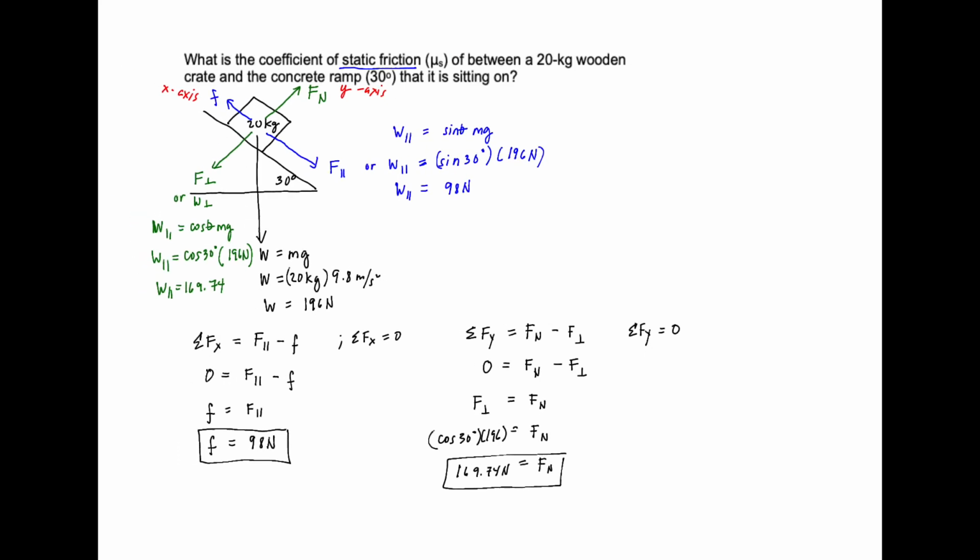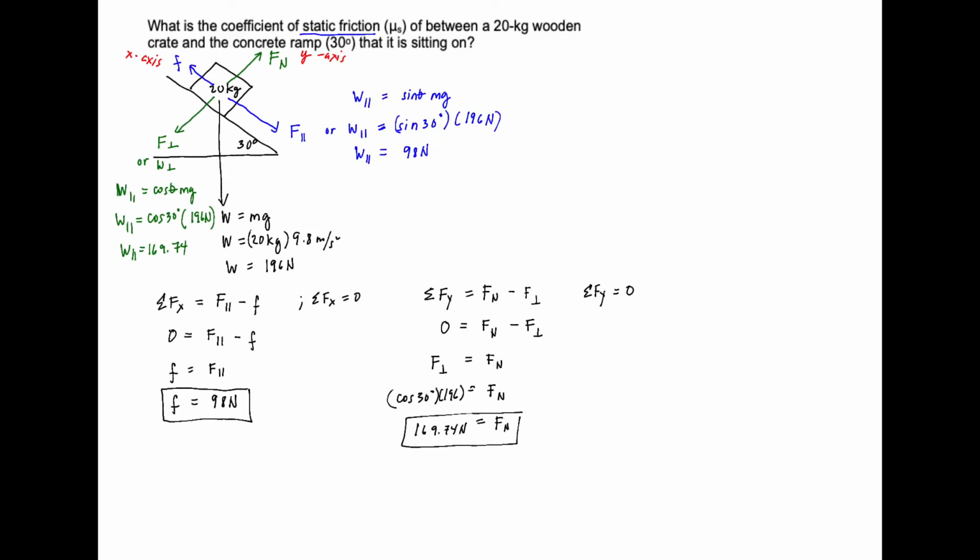Now, let's define the value of mu static. The mu static would be the friction force over the normal force. If you recall the formula, the frictional force is mu static multiplied by the normal force. And so deriving for mu static, that will be equal to the force over the normal force.